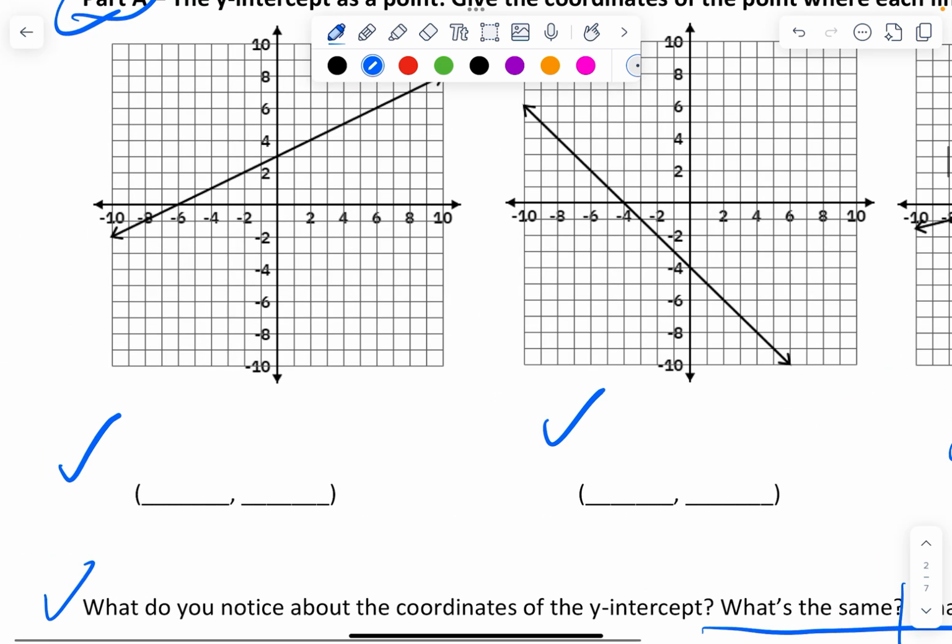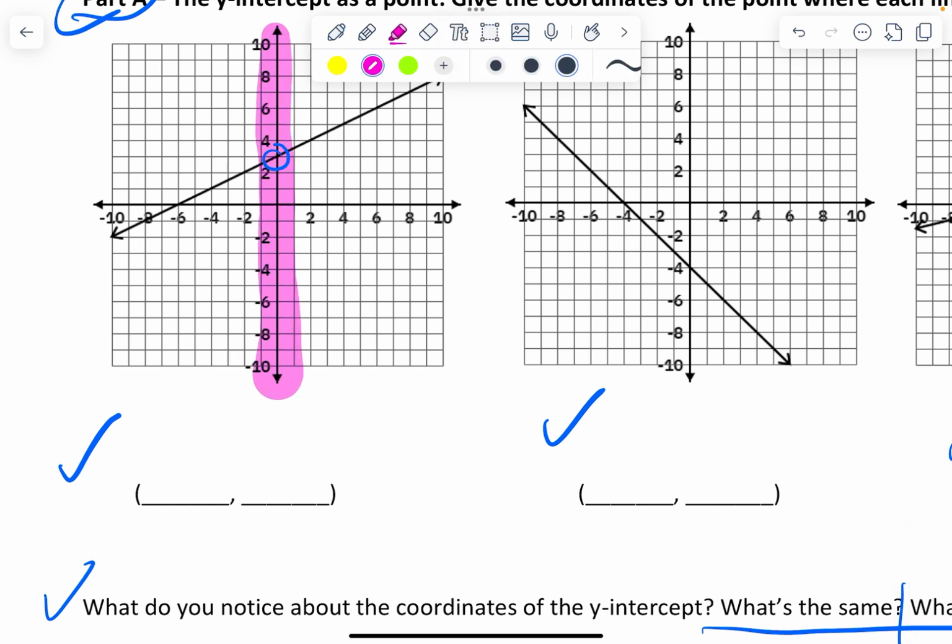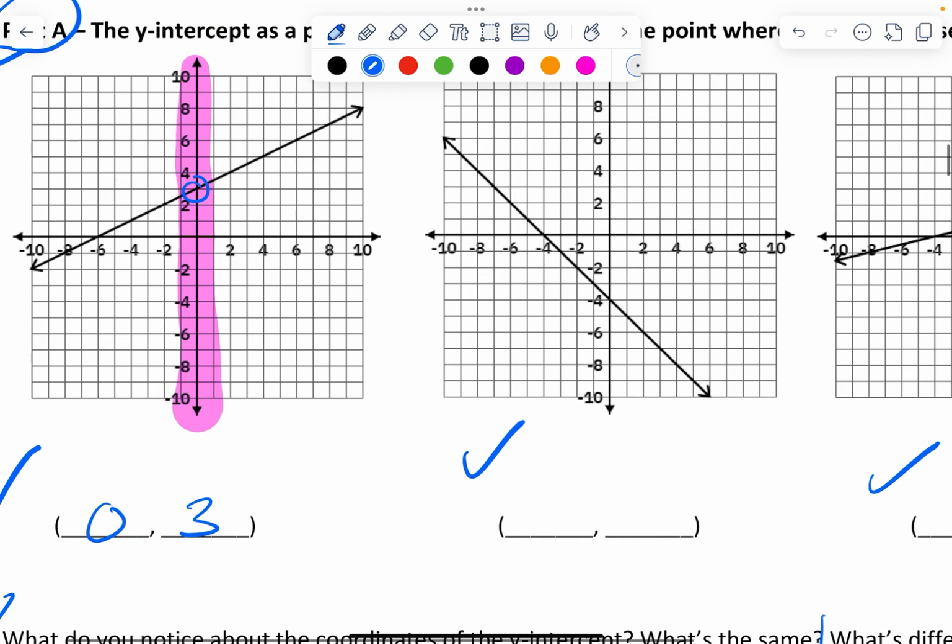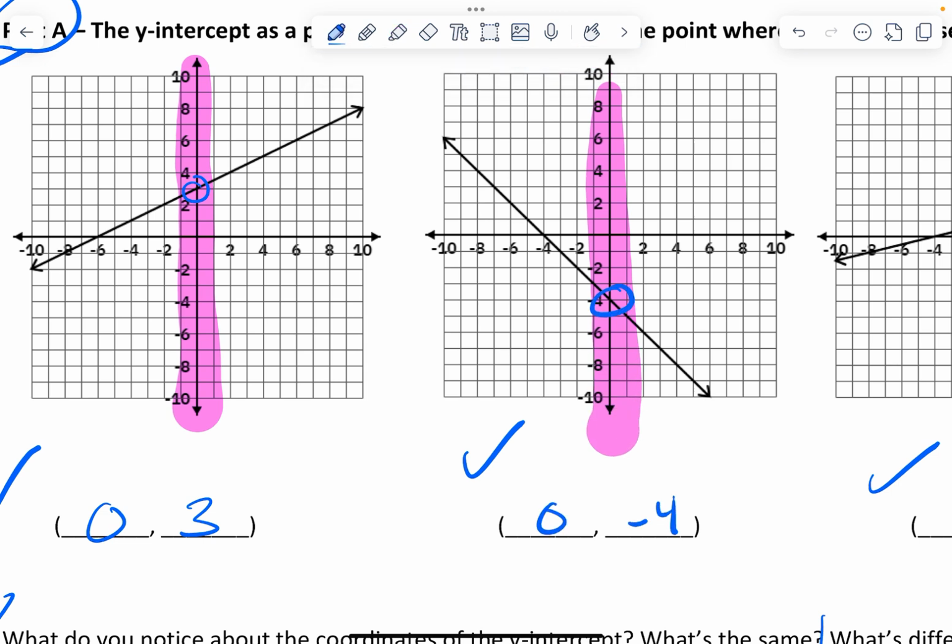Okay, so I know this is crossing the y-axis right here at 3. So I'm just going to come over and put 0, 3. This is going to cross the y-axis at -4, so I'm going to put 0, -4.